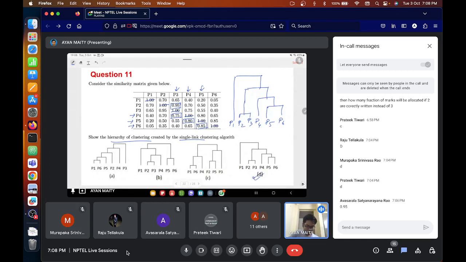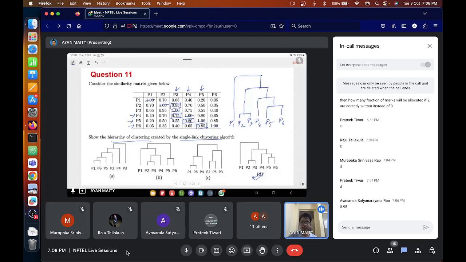Yeah. So as it is single link clustering, in case of complete link it might be different, because in complete link we try to find the highest distance, or the maximum distance, between two clusters in case of merging.